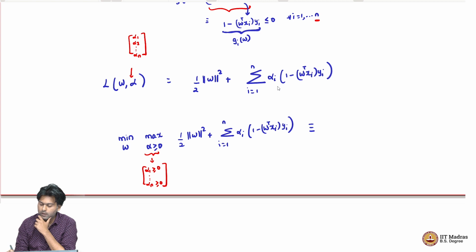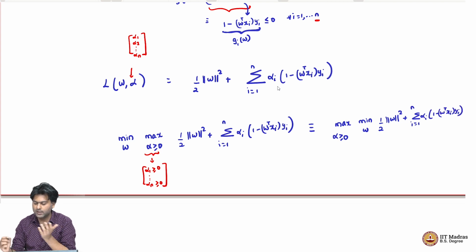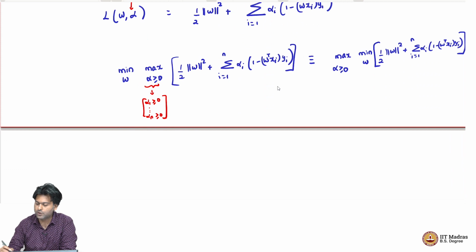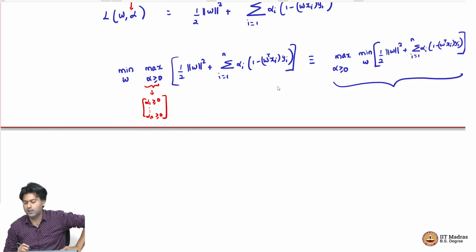This is equivalent to max over alpha greater than or equal to 0, min over W, the same thing. It's exactly what we did in general for f and g. Now I have applied it to our problem. We still are not sure why this is going to help, but let's see why this might help.